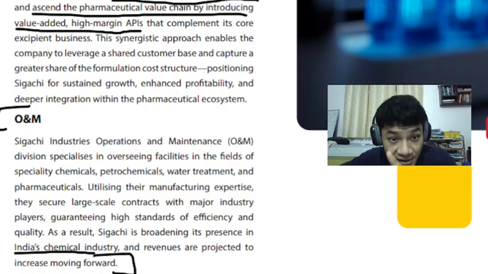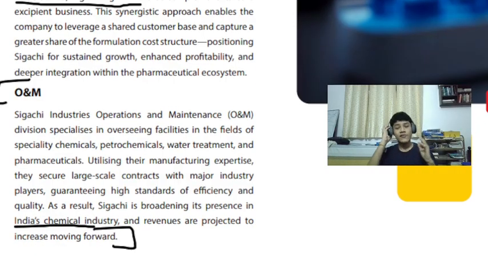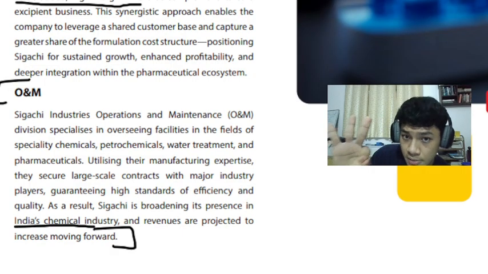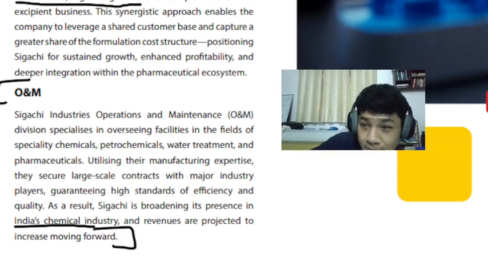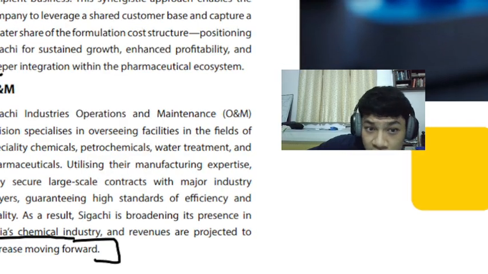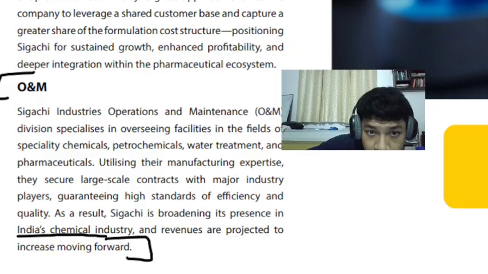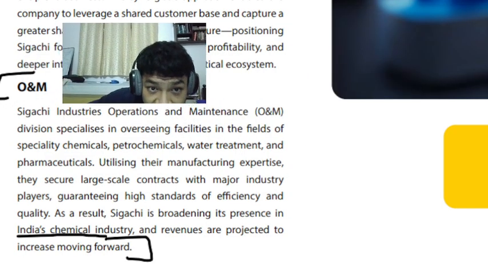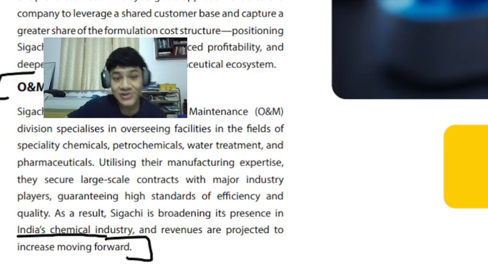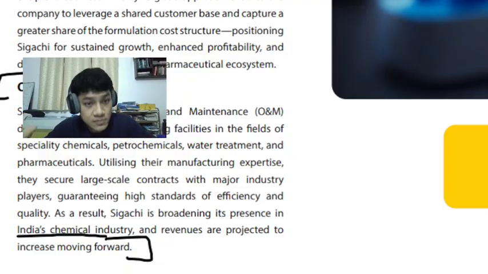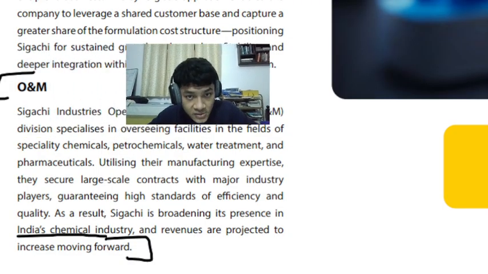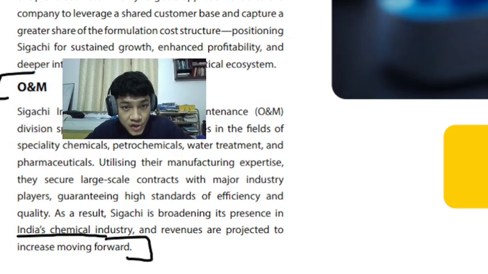And finally, we have O&M, operation and maintenance. This is the third business segment, contributing around 7 to 8% of revenue. O&M is operation and maintenance, another exciting source of revenue. Now, Sigachi Industries' O&M division specializes in overseeing facilities in the fields of specialty chemicals, petrochemicals, water treatment, and pharmaceuticals.